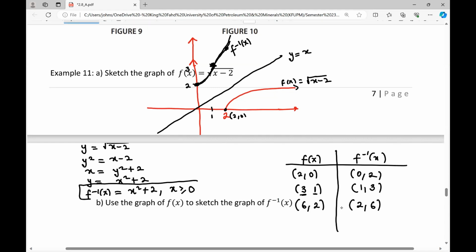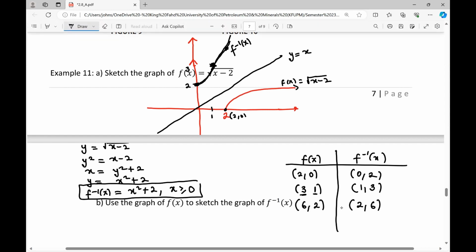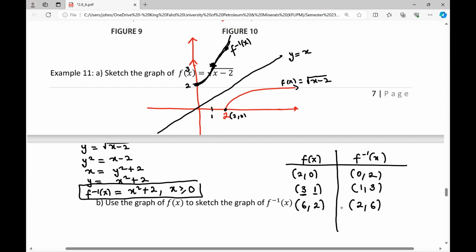So this is the inverse function actually. And that is why you can see we have x squared plus 2, x is greater than 0. So that is why we are taking the right part of x squared plus 2. So we cannot take the left side simply because of the restriction on x. So you see, it means that our graph makes sense.